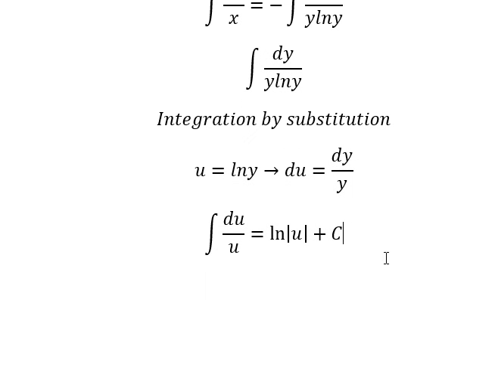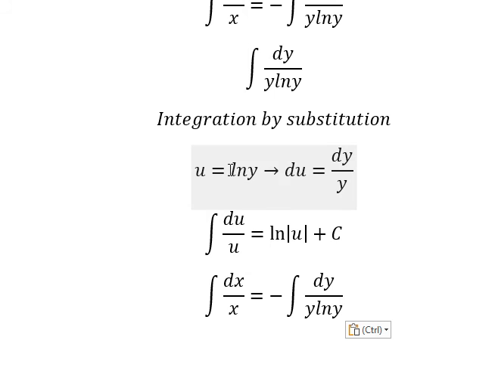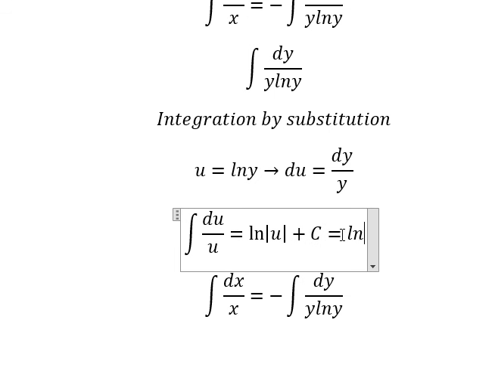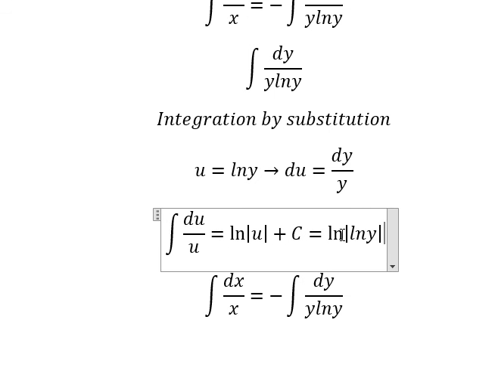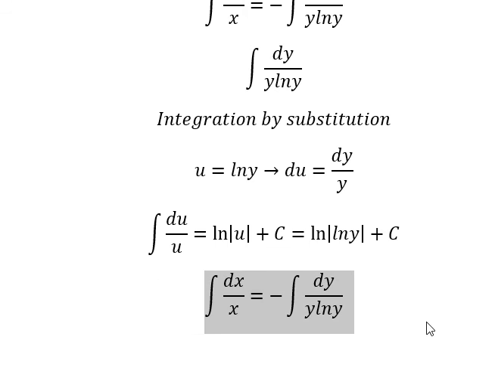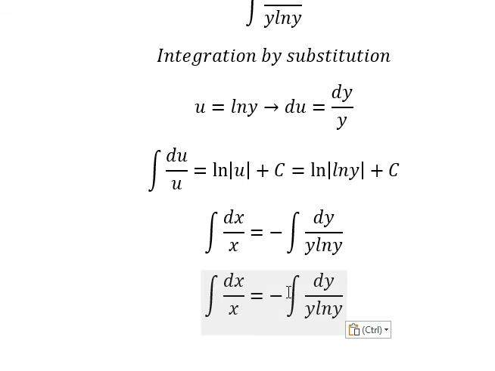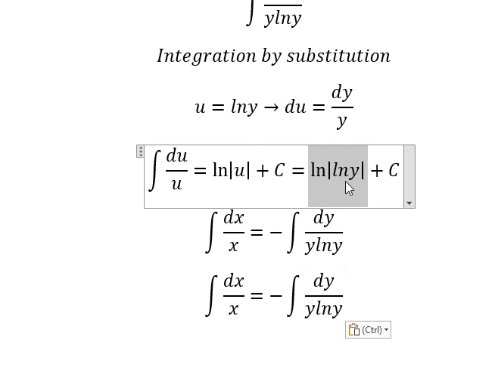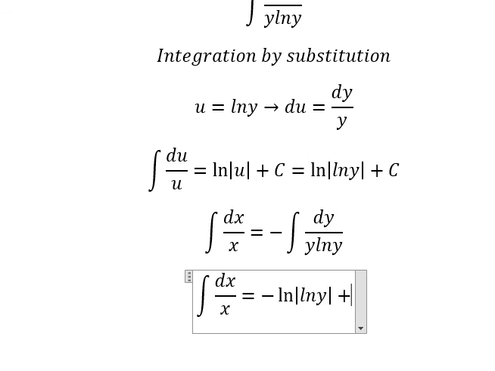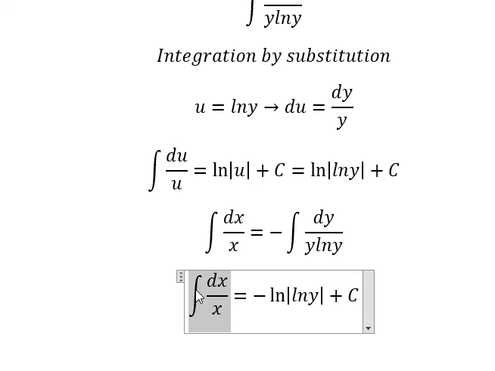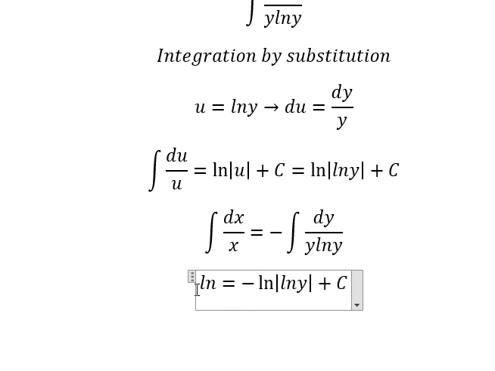Now, u is ln y. So, this one we change to this one. This one we have ln of the absolute value of s.